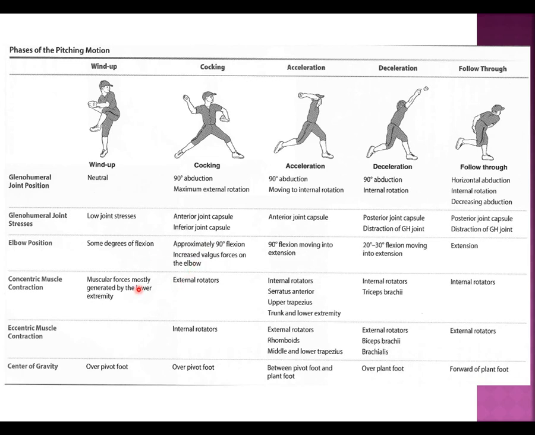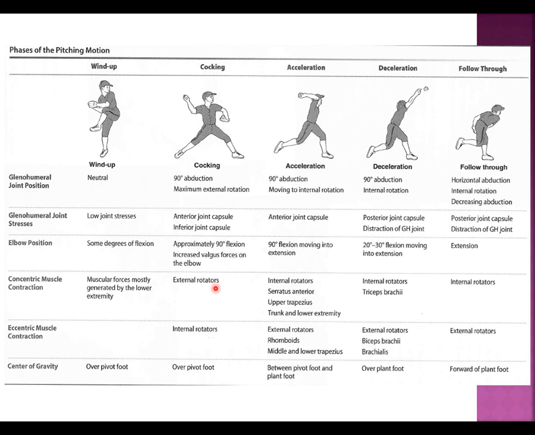But really here, in order to get the shoulder into the proper position, we're going to have to concentrically contract the external rotators, and in order to regulate how fast it is going, the shoulder internal rotators are going to have to slow it down eccentrically. So again, I want you to understand concentric, which ones are working at the elbow and the shoulder, and which ones are working at the elbow and shoulder eccentrically.